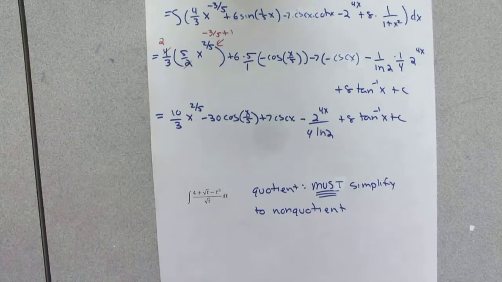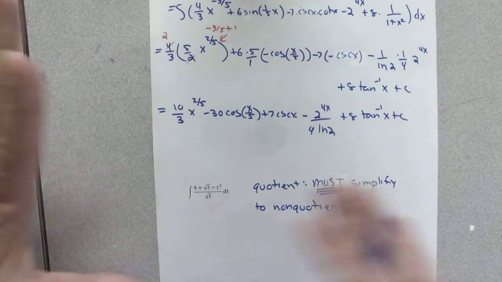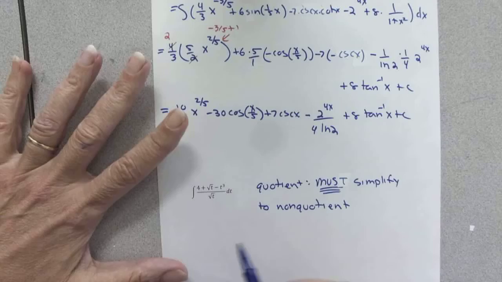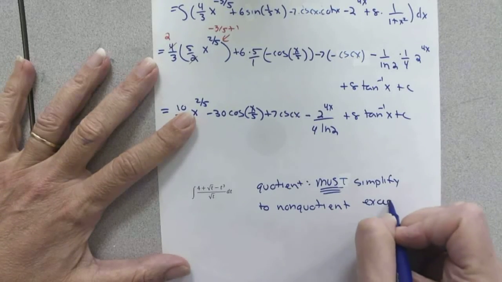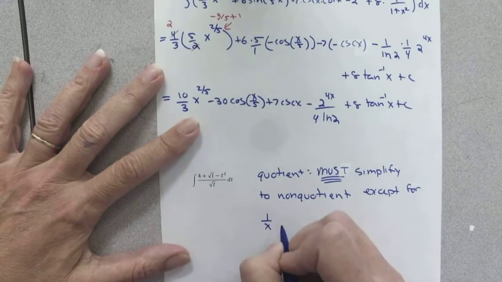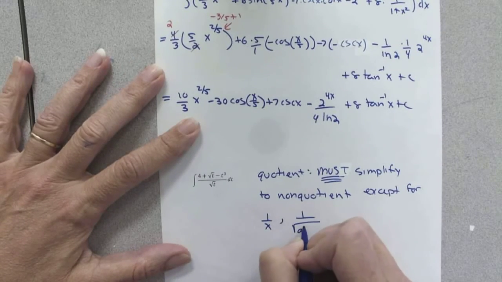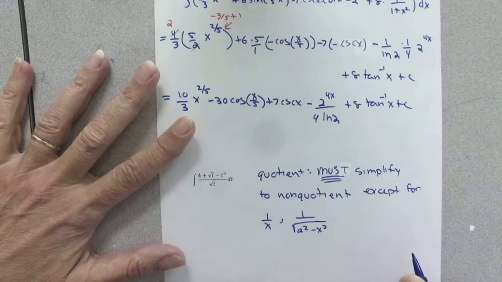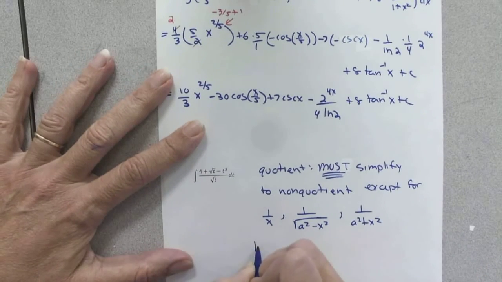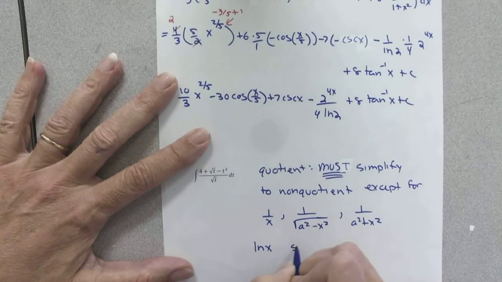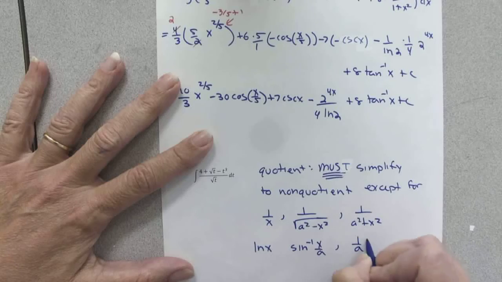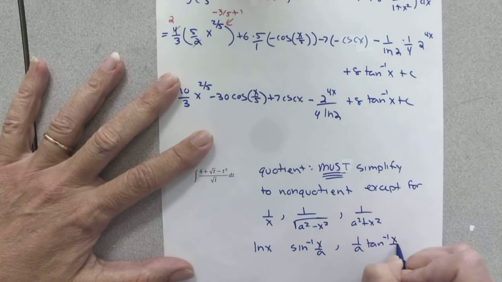There are only 3 fractions you like, and we'll write that down. Must simplify to a non-quotient except for 1 over x. We're okay with that one, the natural log of x. 1 over the square root of a squared minus x squared, that's sine inverse of x over a, and 1 over a squared plus x squared, that's 1 over a tan inverse of x over a.